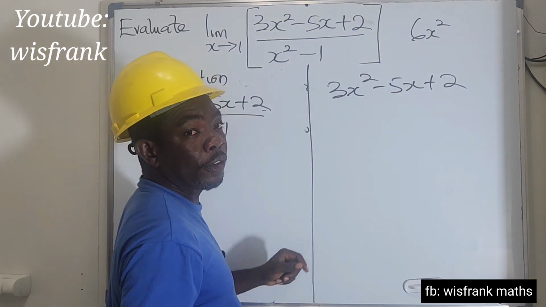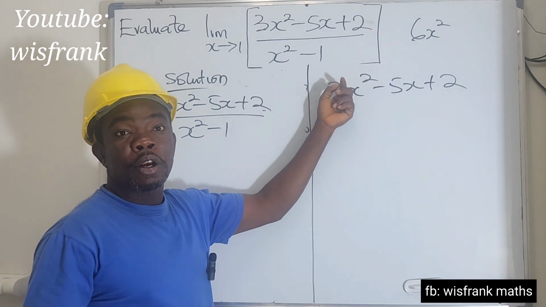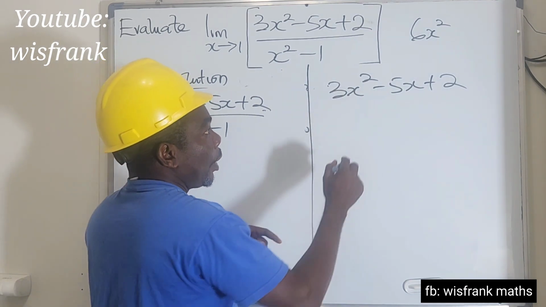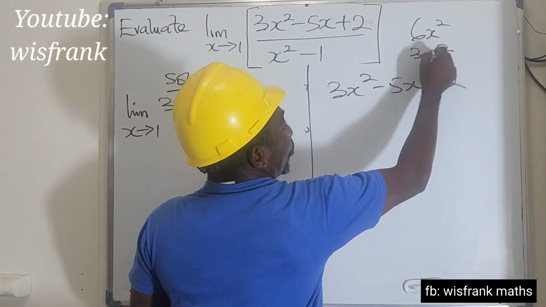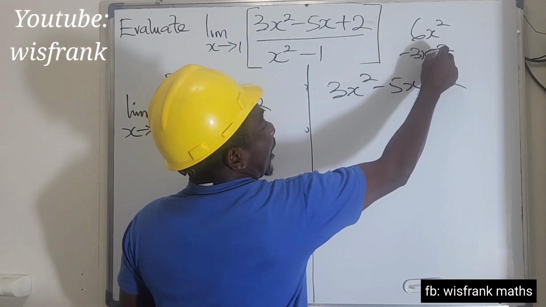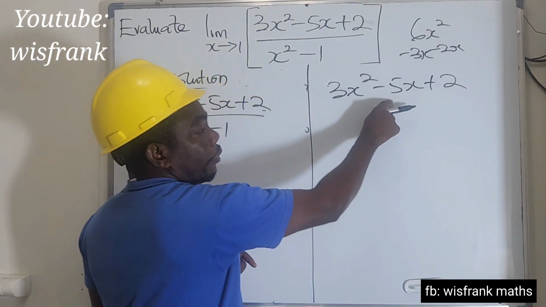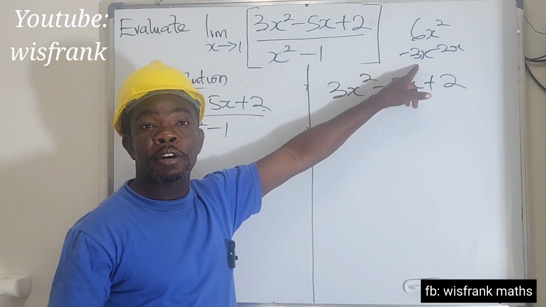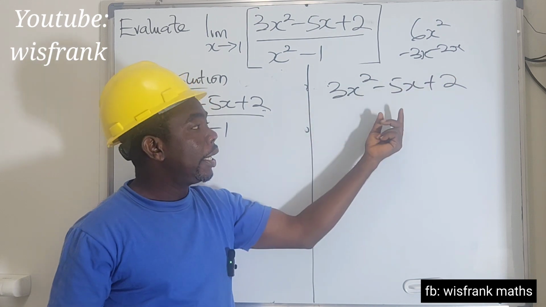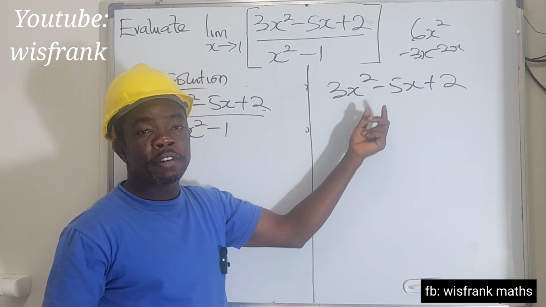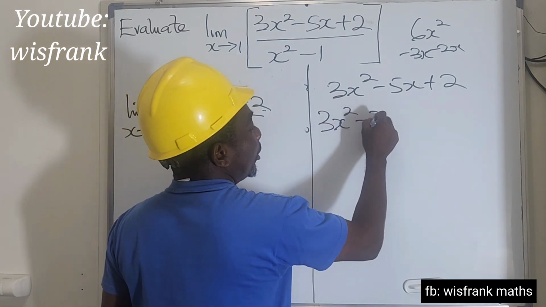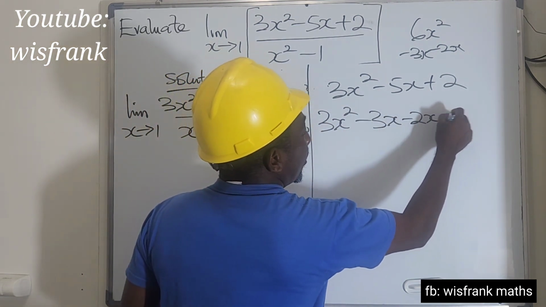Then we look for two factors of 6x squared which, when added, give us minus 5x. Those are 3 and 2: minus 3x and minus 2x give us minus 5x. So we substitute minus 3x and minus 2x in place of minus 5x. So we have 3x squared minus 3x minus 2x plus 2.